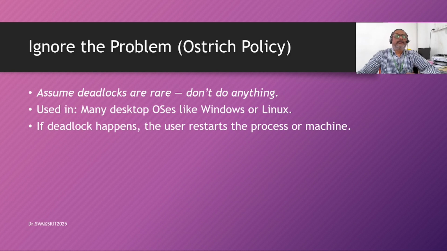This is all when it happens very rarely, and usually this happens with user level processes, and if something goes wrong with user level processes, it is the user's responsibility to correct it and make them work again. So most of the time desktop operating systems don't worry much about these deadlocks.